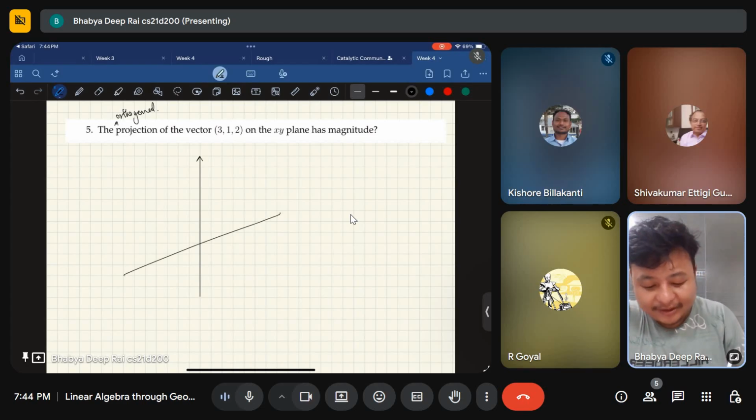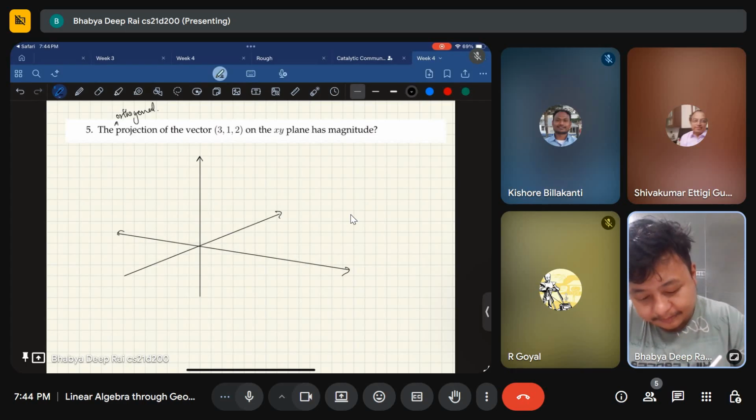So what you have is, let's say this is 3 and this is 1 and 2. Let's say this is y, this is x, this is z.